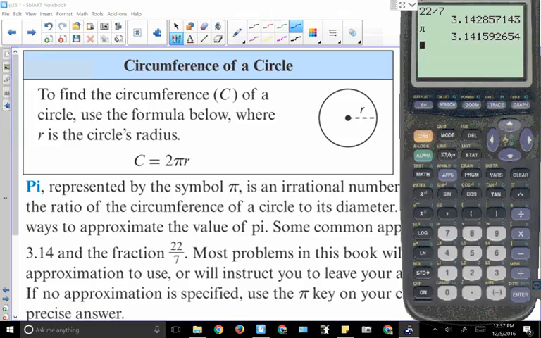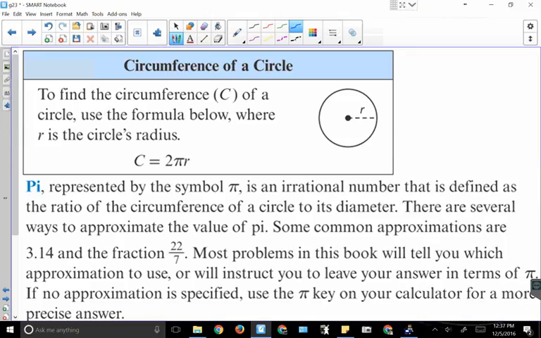Now, for most purposes, you will use 3.14. They kind of give you a guide for knowing when to use what. If no approximation is specified, use the pi key on your calculator for a more precise answer. So if they tell you to use 3.14 or use 22/7, then you must use those.